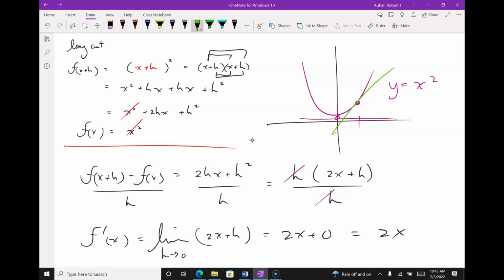So when I plug in 1, I get a slope of 2. So that green line has a slope of 2. That's how simple the derivative is. That's how powerful it is. It's telling me the instantaneous velocity at any point.